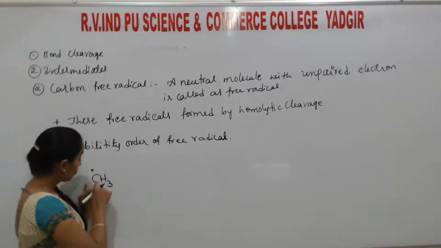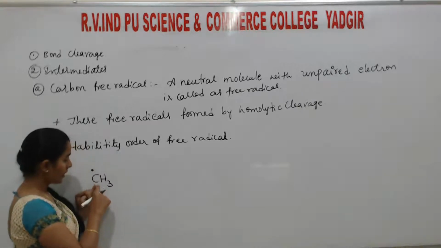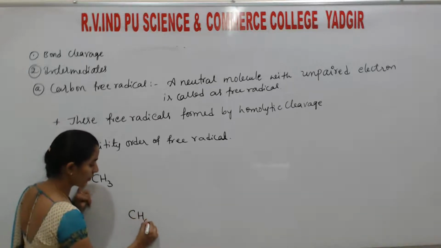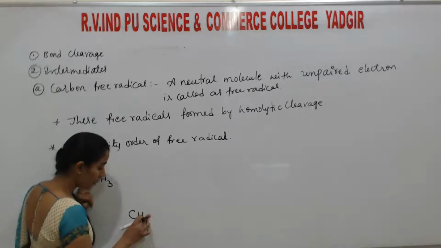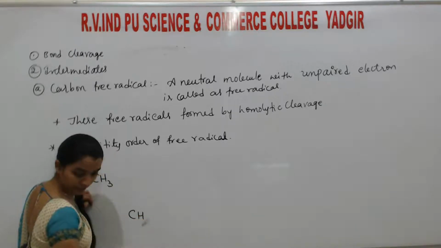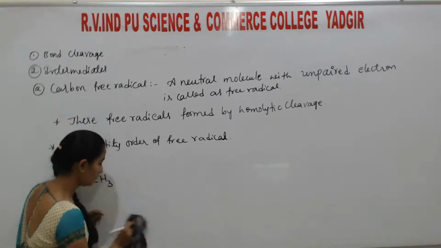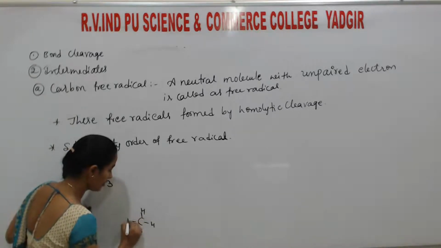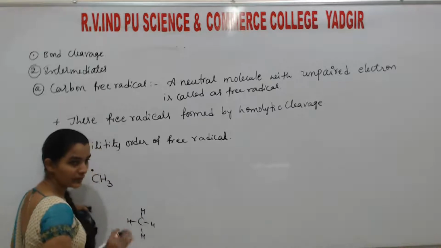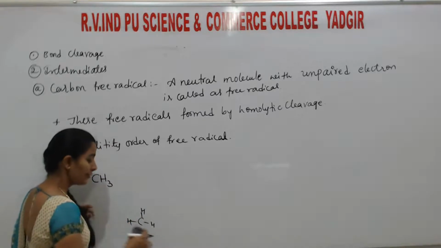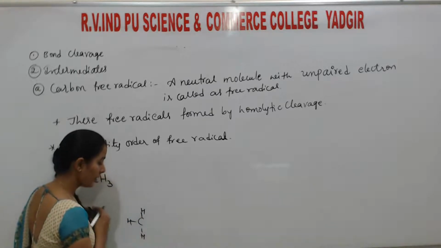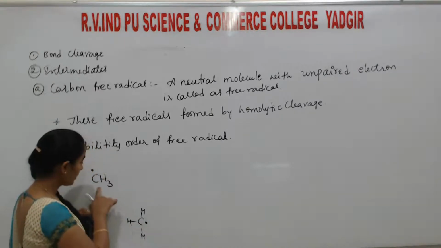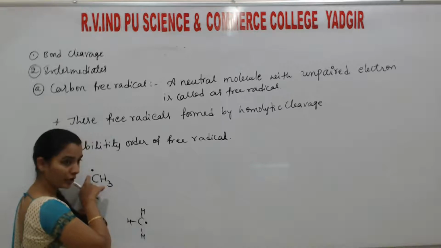I'll take example CH4, C with H H H H. Simple molecule. If one H is not bonded, then it is with the 1 electron. Then it is CH3 dot.